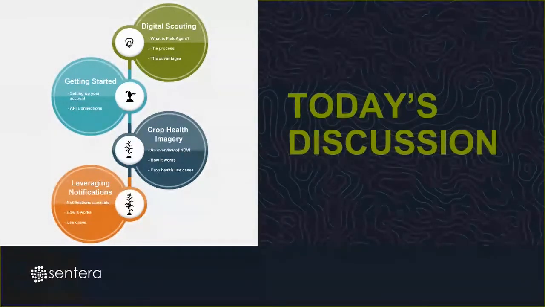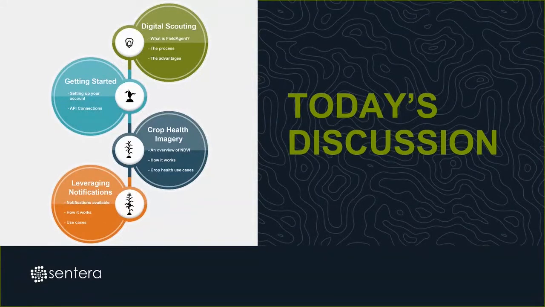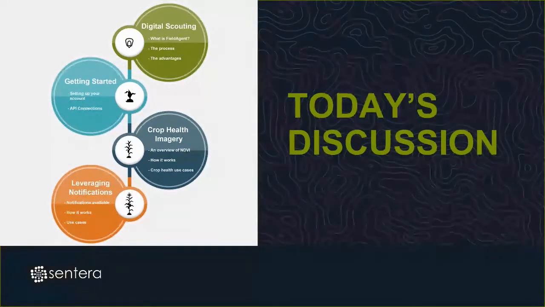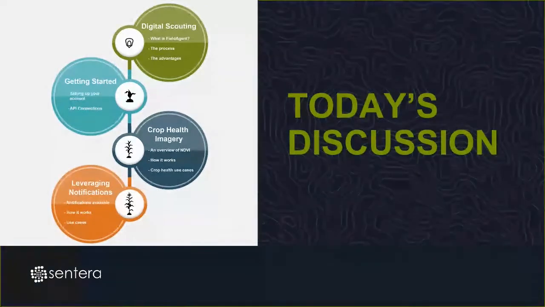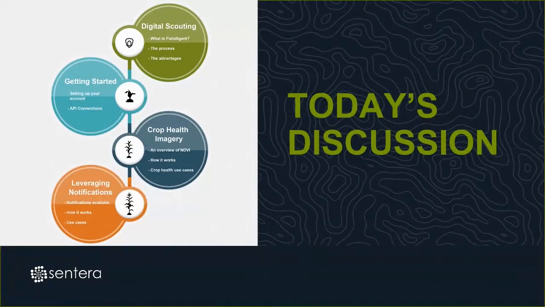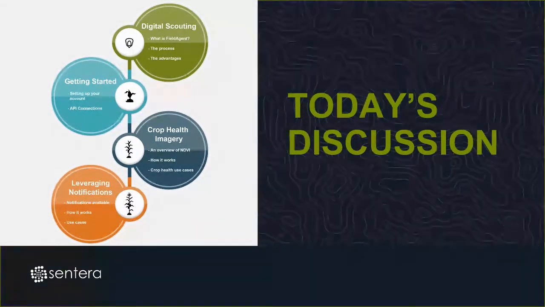So today, what we're going to focus on is digital scouting. What is Field Agent? What's the process? And what are the advantages? Inside of that, we're going to talk about how to get started, how to set up Field Agent, how to optimize your experience. We're going to dive into in-season crop health imagery.